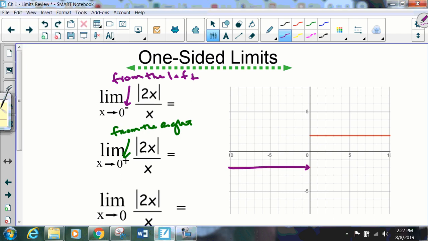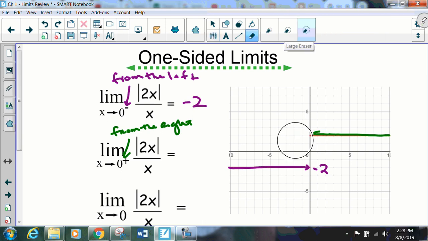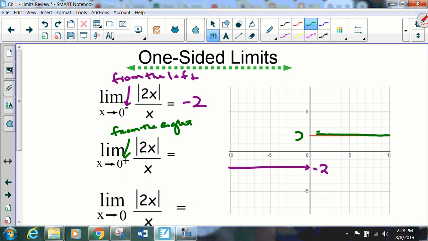Okay, so obviously, even though we don't have markings, that's not a -1, it's a -2. I just had to pause it and do some math in my head, so sorry about that. So from the left, the limit is -2, and then from the right, as x is approaching 0 from the right, we are approaching not -2. It's been a long day. All right, we're approaching 2 from the right.